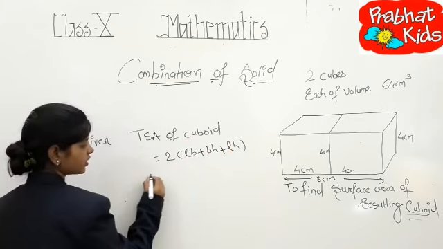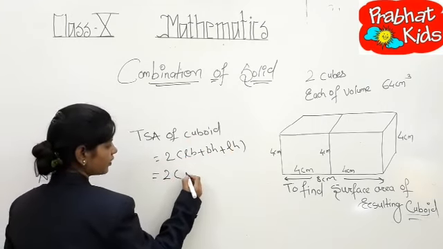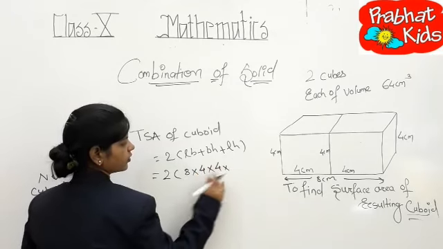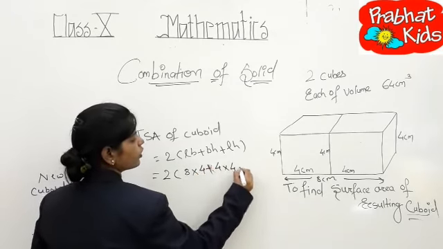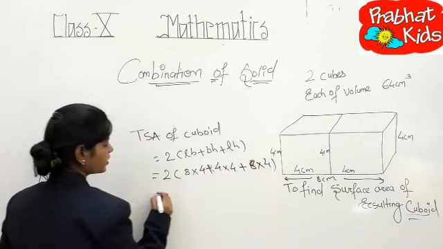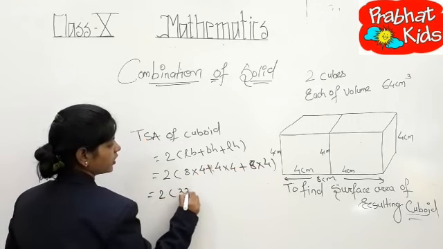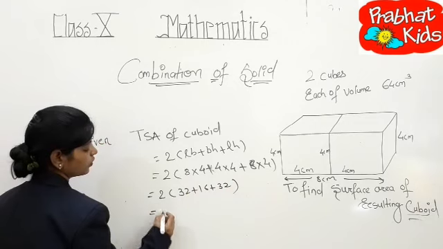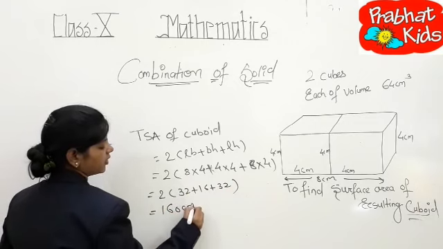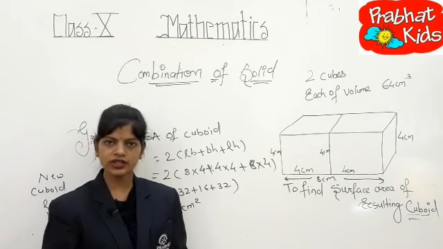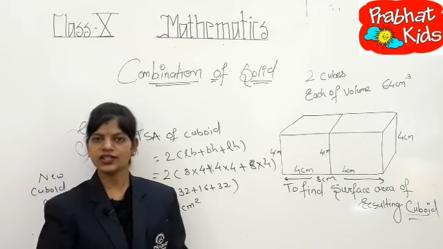Substituting the given values: 2 in bracket, L is 8, B is 4, so 8 into 4 plus 4 into 4 plus 8 into 4, which equals 2 in bracket 32 plus 16 plus 32, which equals 160 centimeter square. So this is the surface area of the resulting cuboid made from the two given cubes.